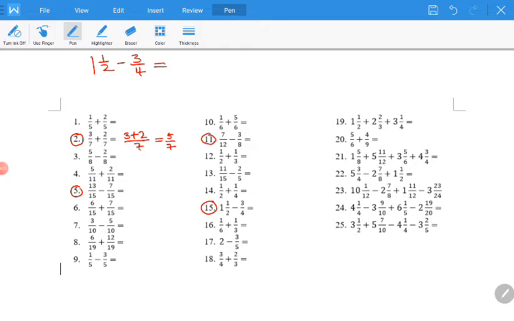So 1.5 is similar to writing 3 over 2, because we say this 1 times the denominator, which is 2, gives us 2. Then if we add 1, we get 3. Then we divide by the denominator that we have. So it's 3 over 2 minus 3 over 4.